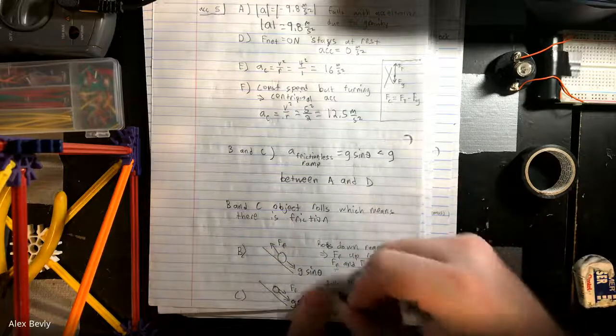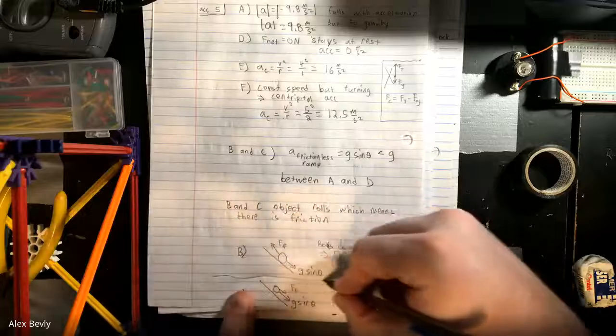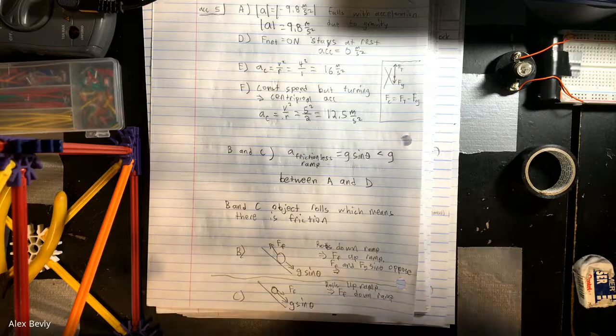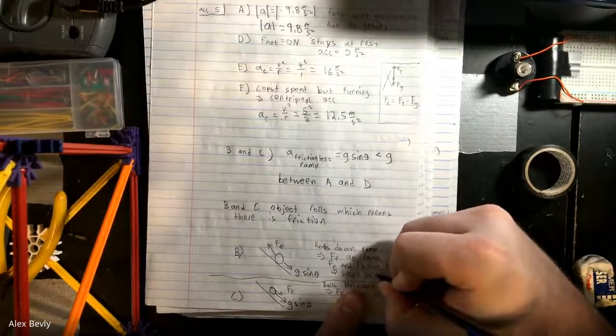Friction and weight times sine of the angle are opposing each other. So is that going to make a big or a small net force? Yeah, so this is going to be a small force, so that's going to be a small acceleration.